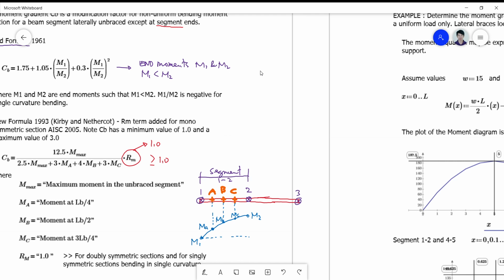Because we all know that moment diagrams have different shapes, like uniform moments.